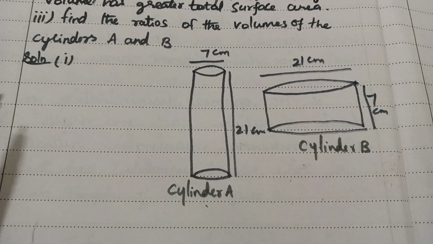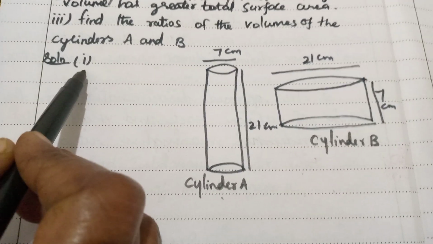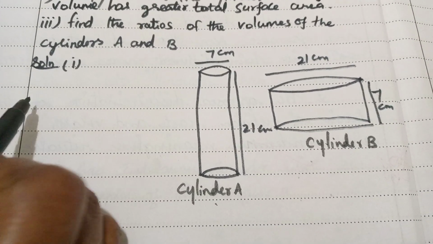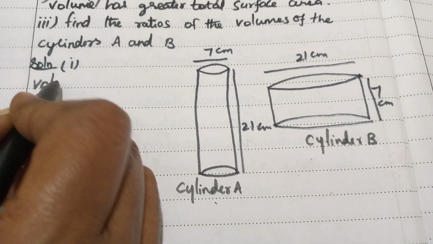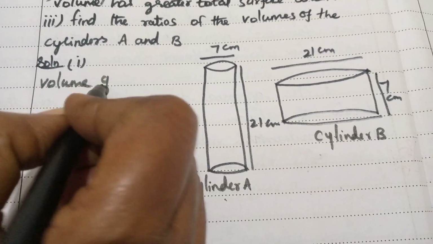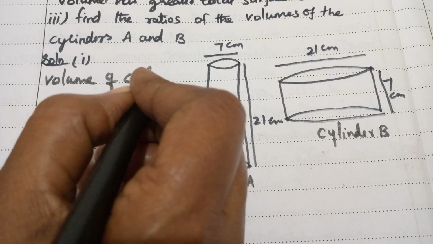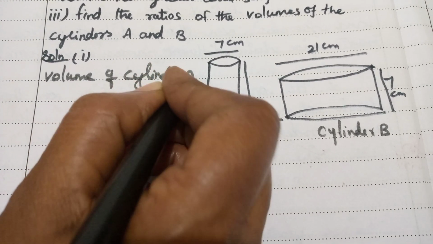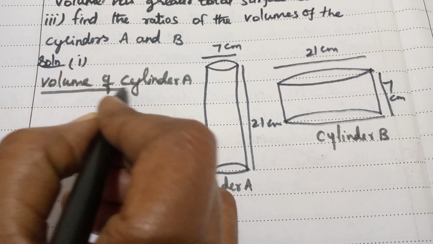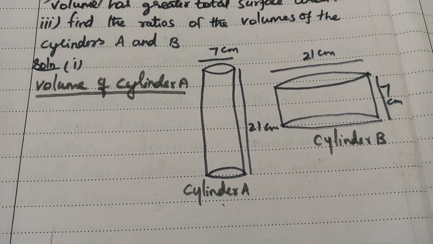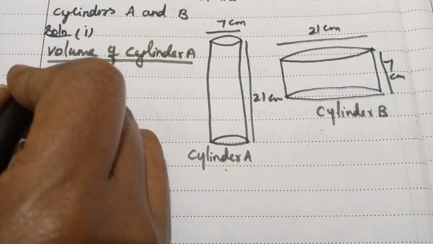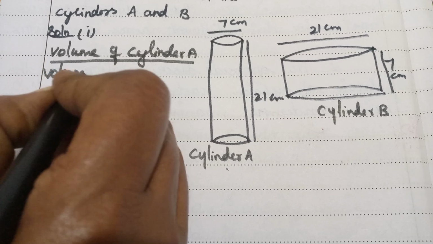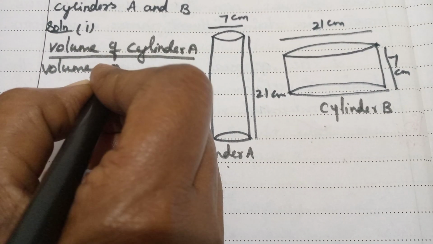So first subdivision, let us find the volume of cylinder A. For this, first we have to write the formula. What is the volume of cylinder formula I have given for you?